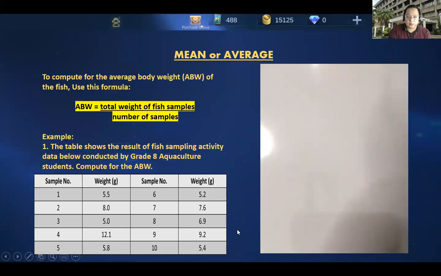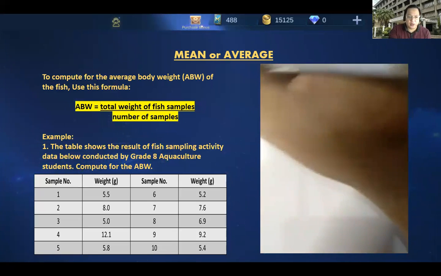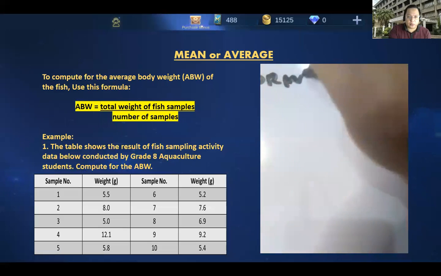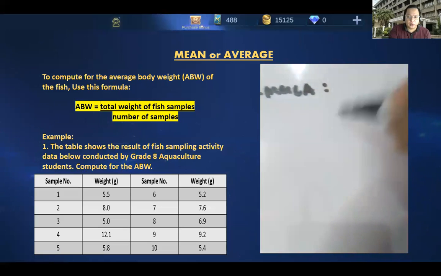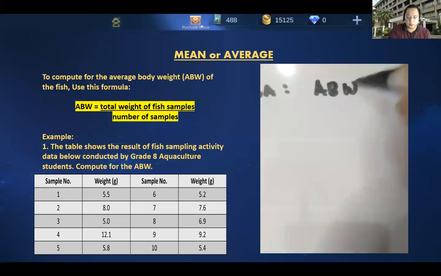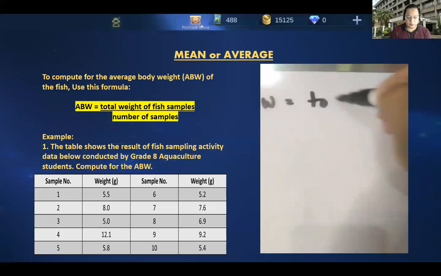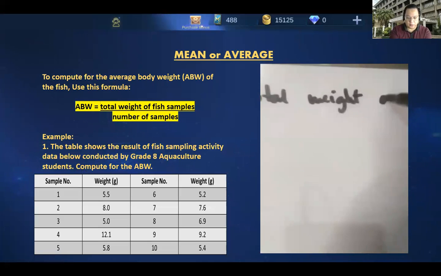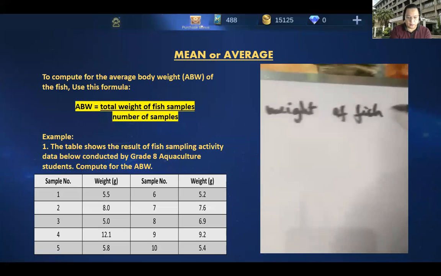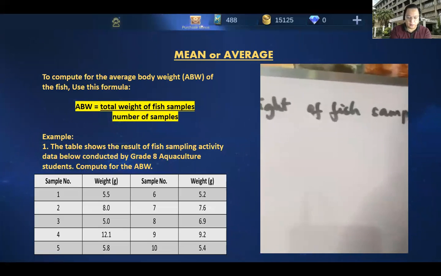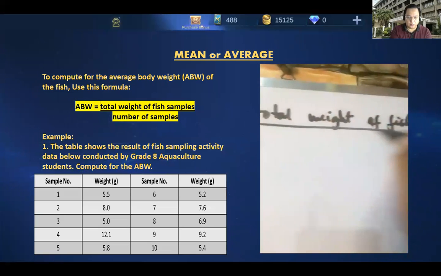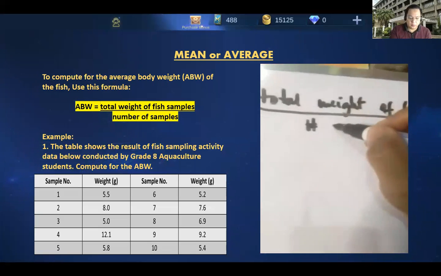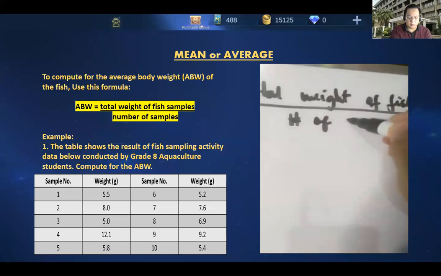The average body weight of example number one or problem number one. Okay, our formula is ABW is equal to total weight of fish sample divided by the number of samples.